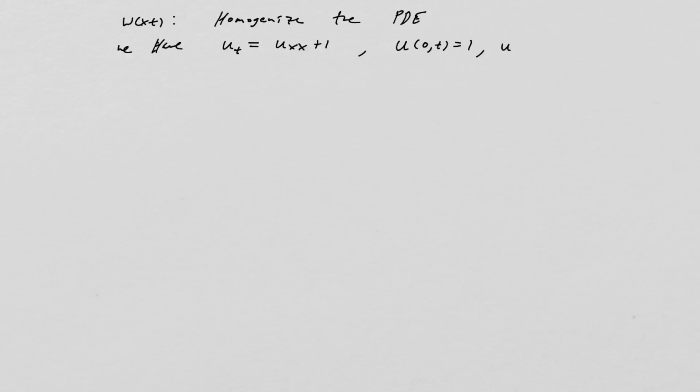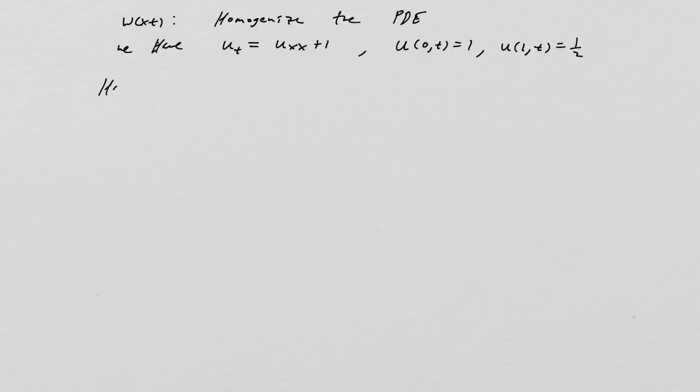Okay, so let's see if we can break this one down. All right, so let's solve for w. What we have to do is homogenize the PDE. All right, so we had u_t is equal to u_xx plus 1, and we had the boundary conditions u(0,t) is equal to 1, and u(1,t) is equal to 1/2.